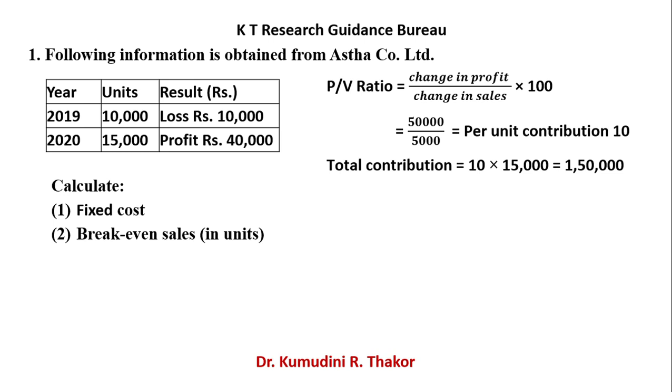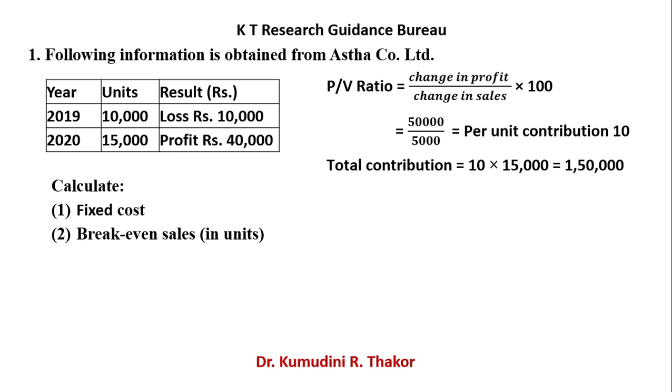What you have to find out? Sales. So for that calculation, you must have some tricks in your mind. Contribution you found out. So obviously what is given? Profit is given, 40,000.